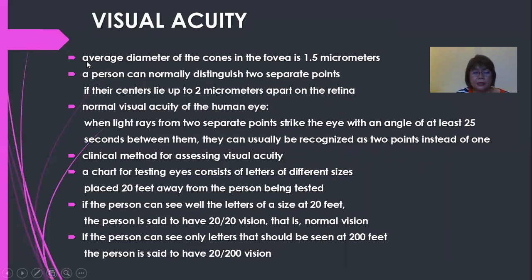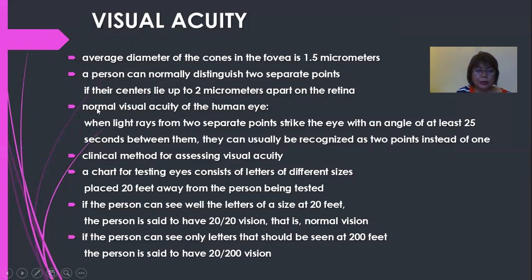Based on this, visual acuity is okay. Based on the average diameter of the cones in the fovea, which is 1.5 micrometers, a person can normally distinguish two separate points if their centers lie up to 2 micrometers apart on the retina.